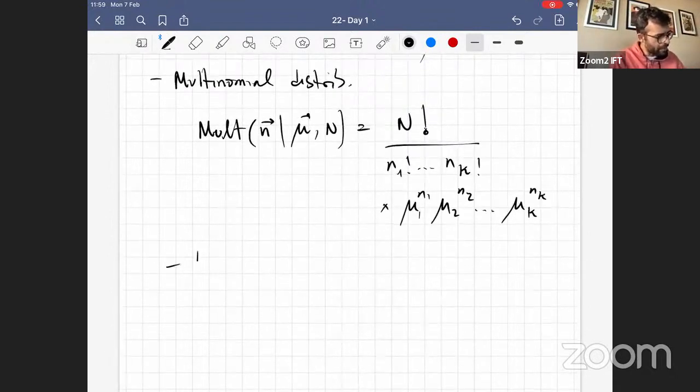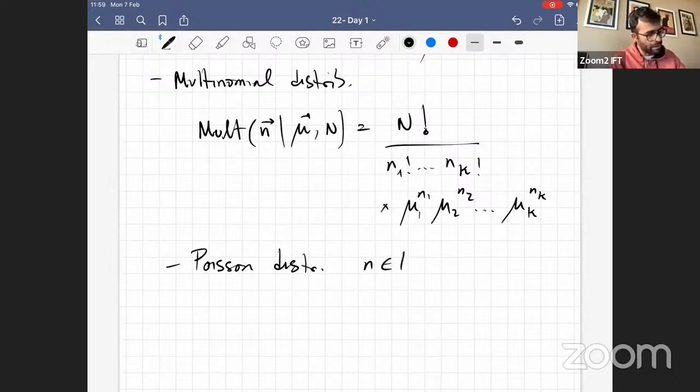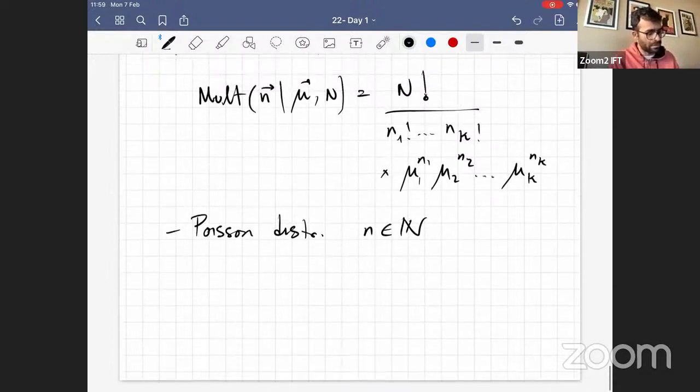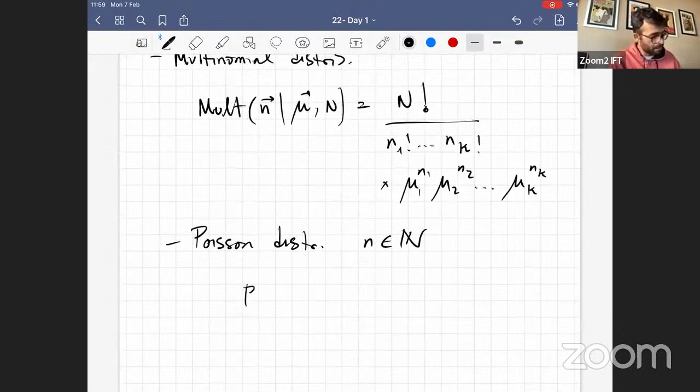And another very useful probability distribution, mainly in physics, is the Poisson distribution, and it is describing a random variable which is a natural number. So the Poisson distribution is given by only one parameter, lambda.